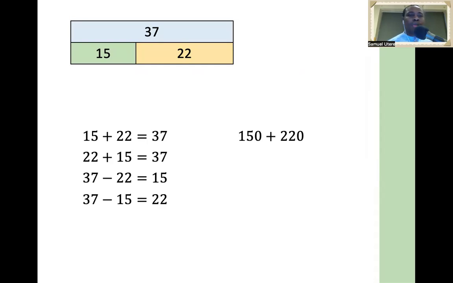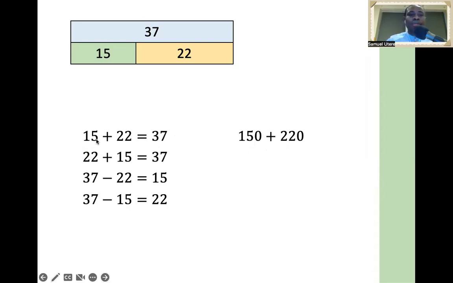What can you use to find out the answer to the question 150 plus 220? What known facts can you see here that can help you do this calculation? Well, you can see this known fact here that we have simply made the 15 10 times bigger, and the 22 10 times bigger.